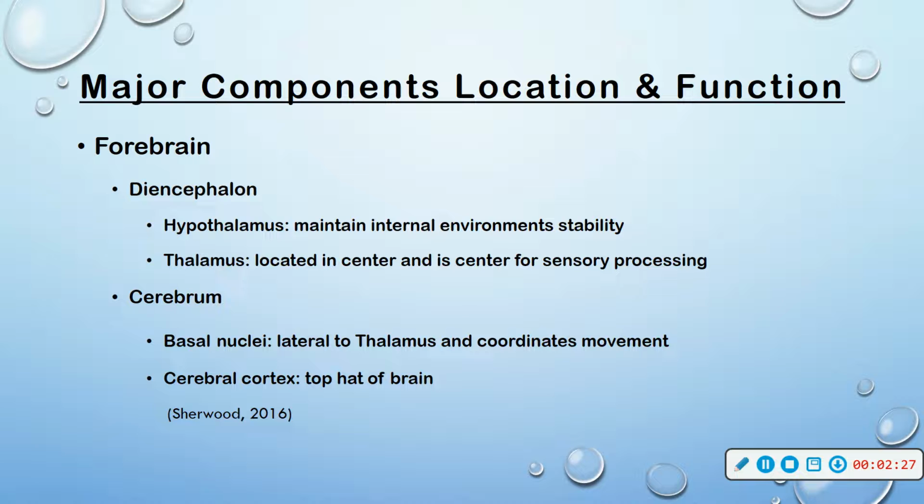The forebrain. The forebrain is separated into two sections. We call it the diencephalon and the cerebrum. The first part is split up into the hypothalamus and the thalamus.